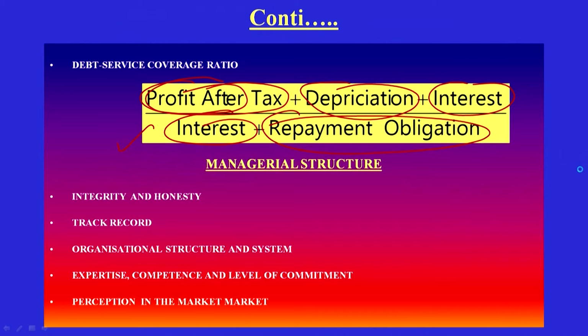Integrity and honesty, that is the first and the foremost point, to be an honest businessman. Honest management, when we are lending to somebody, whether it is lending by the suppliers, lending of services, lending of funds by the banks or other financial institutions, honesty and integrity is most important.